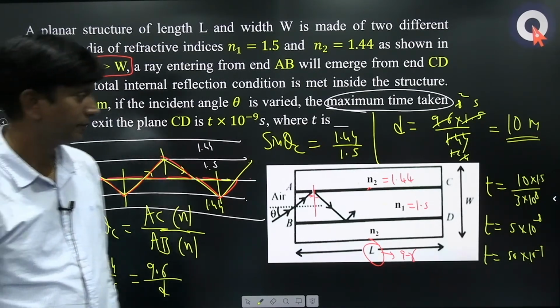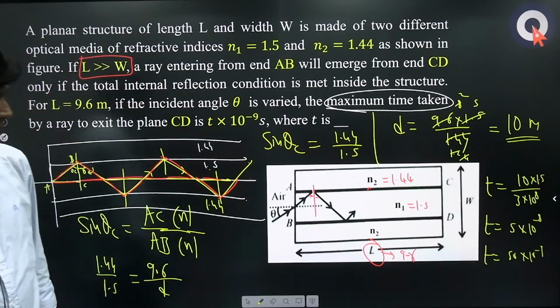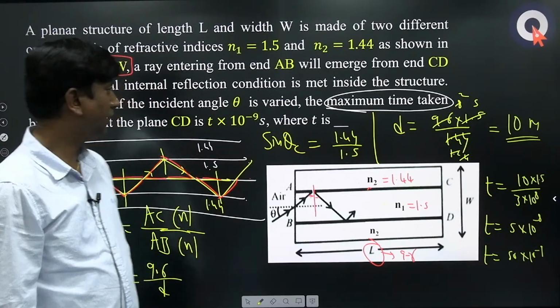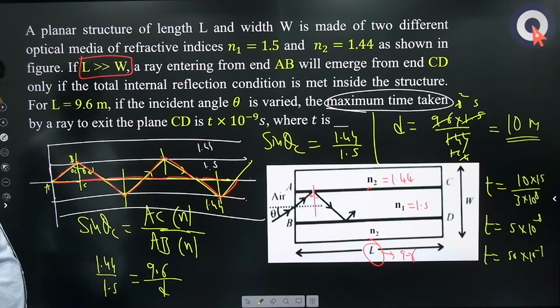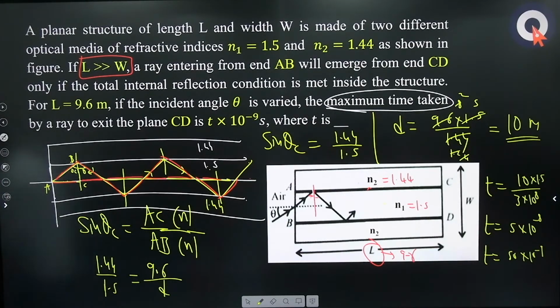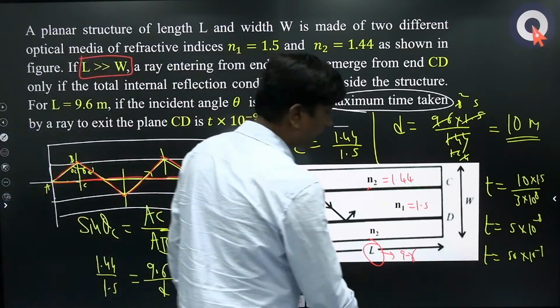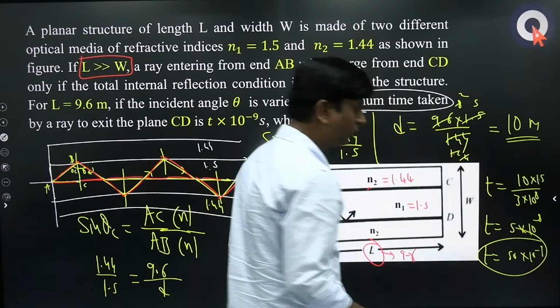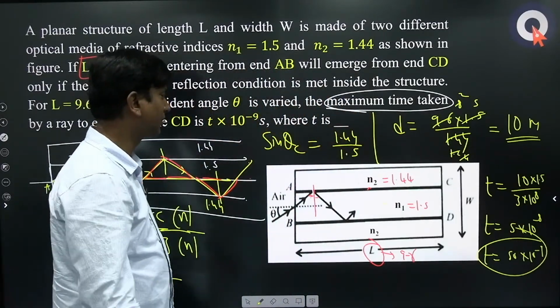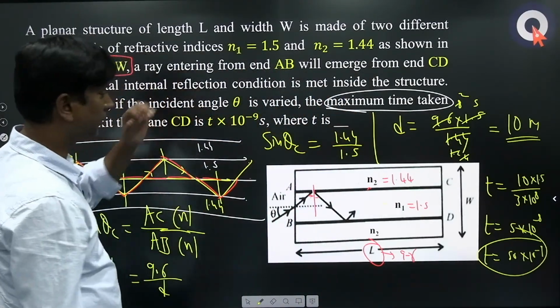Okay. So they're asking the time taken is t into 10 power minus 9 seconds. So what is the value of that? t into 10 power minus 9 means here clearly you are getting 50 into 10 power minus 9 seconds. Okay. So that is the answer, right?